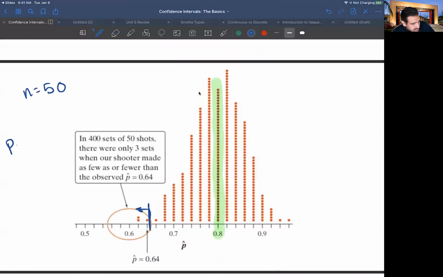So my p-value here is 3 out of the 400 observations. That's a very, very small p-value. Let's see, less than 1%. Let me throw that in a calculator. 3 divided by 400 is equal to 0.0075. There's a very small chance of what we got.